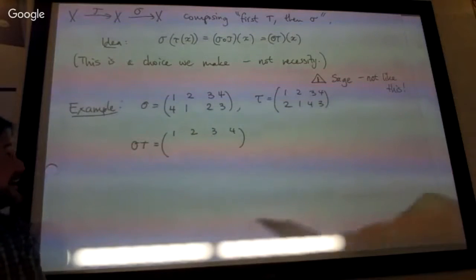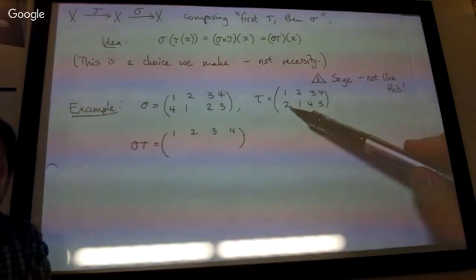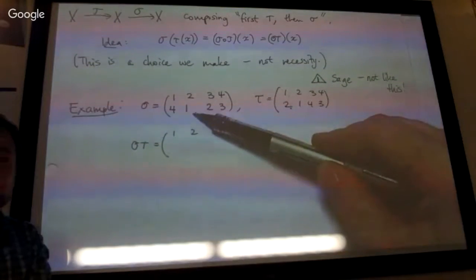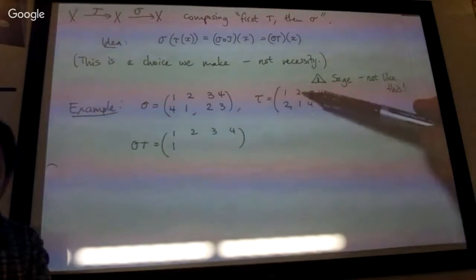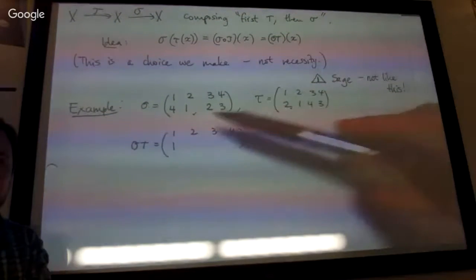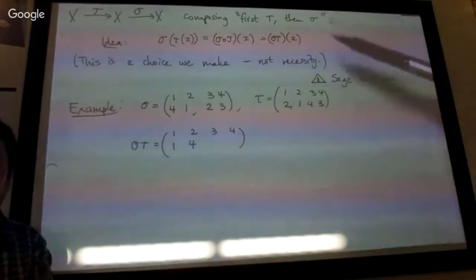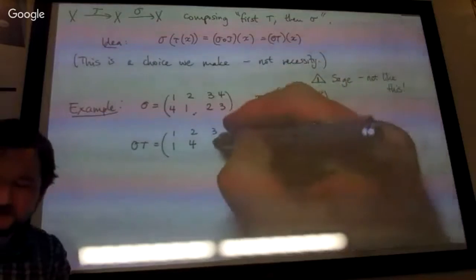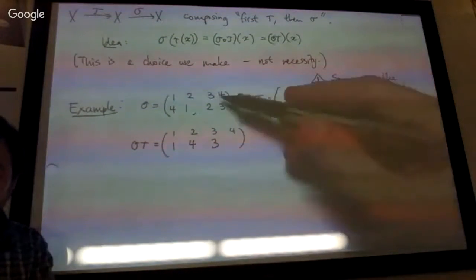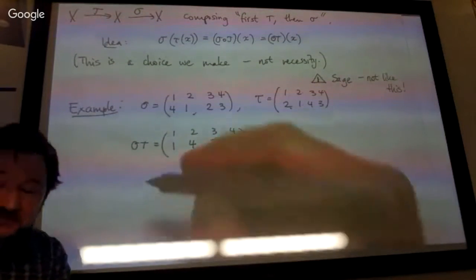So how does one do that? 1 goes to 2, goes to 1. Okay, so 1 goes to 1. What's next? 2 goes to 1, goes to 4. 3 goes to 4, goes to 3. 4 goes to 3, goes to 2. Okay, so this is how you compute things in this notation.